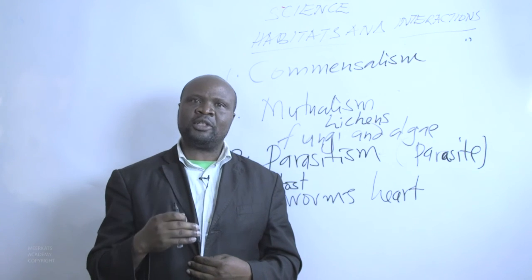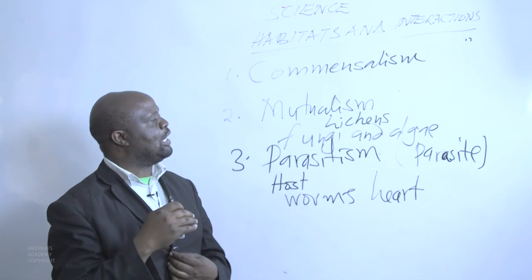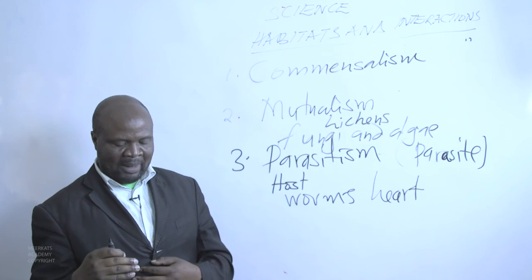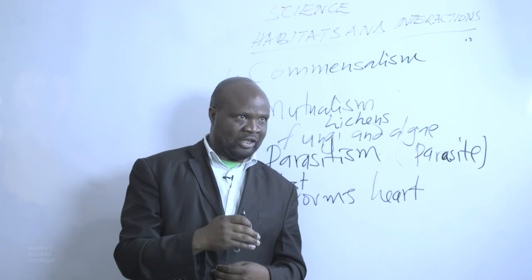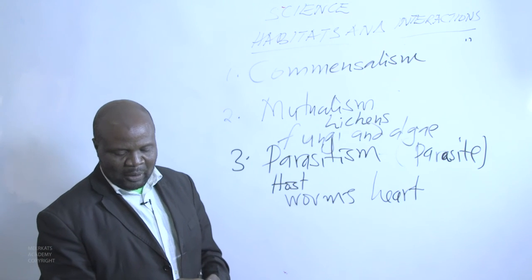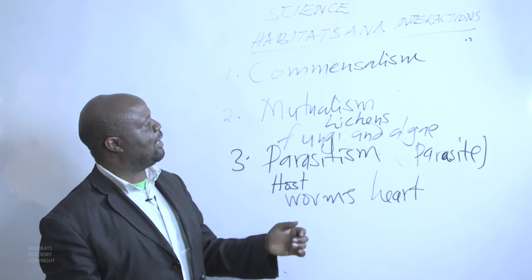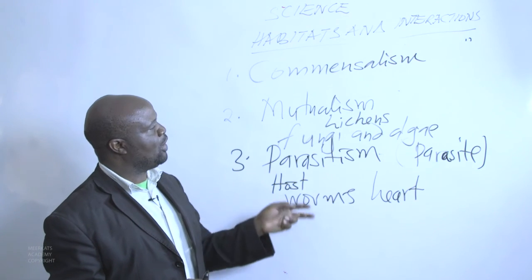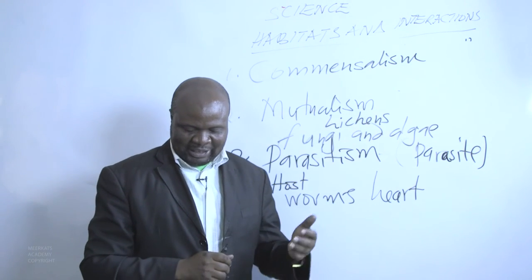If we don't treat this dog in time, they will multiply at an alarming rate, to the extent whereby the heart of a dog will fail to function accordingly. And if it fails to function accordingly, this kind of parasitic relationship will end up killing the host organism to the benefit of the parasite, which might be very dangerous.